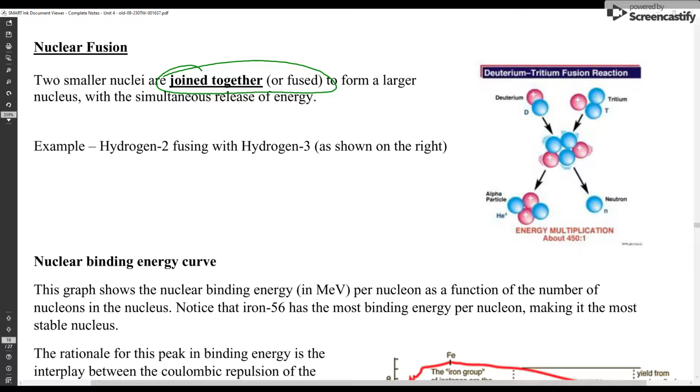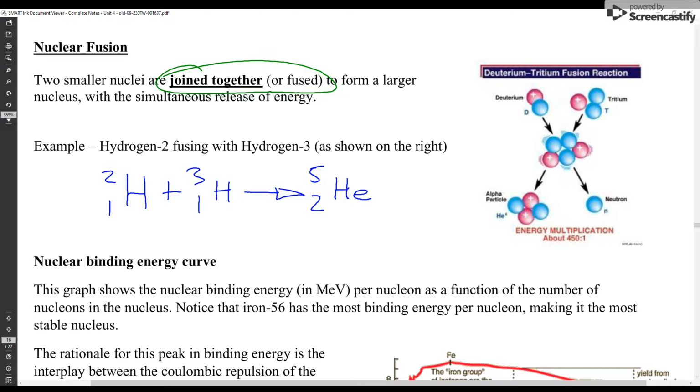We've got hydrogen-2, an isotope of hydrogen, fusing with hydrogen-3. Two ones fusing together to make one product. So we've got 5 on the top, 2 on the bottom, and that's a helium nucleus.